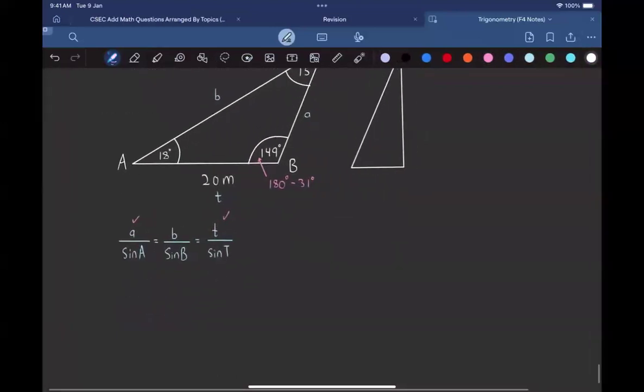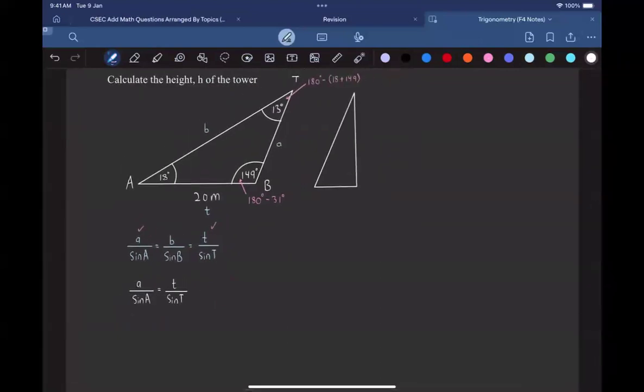I'll write down a over sine A is equal to t over sine T. So tell me what to plug in. A over sine 18, a all over sine 18, equals 20 over sine 18.